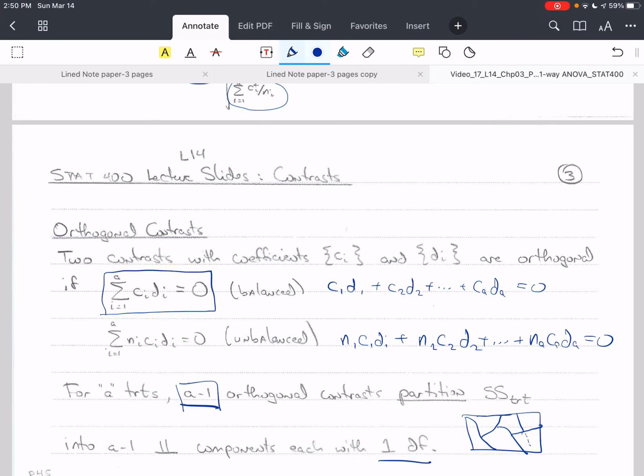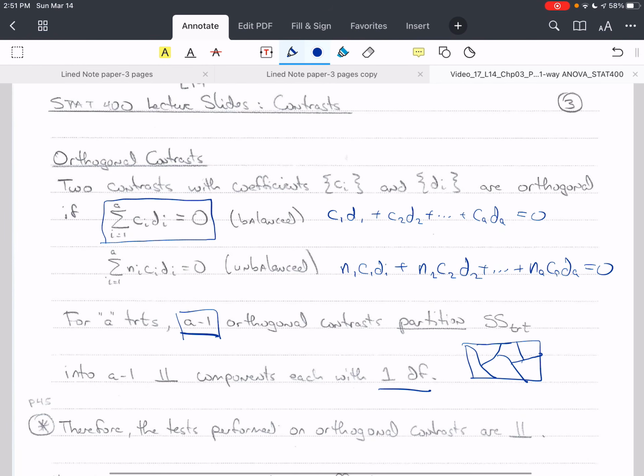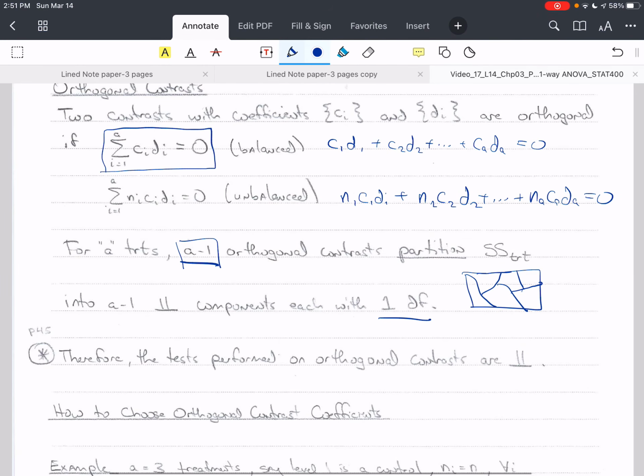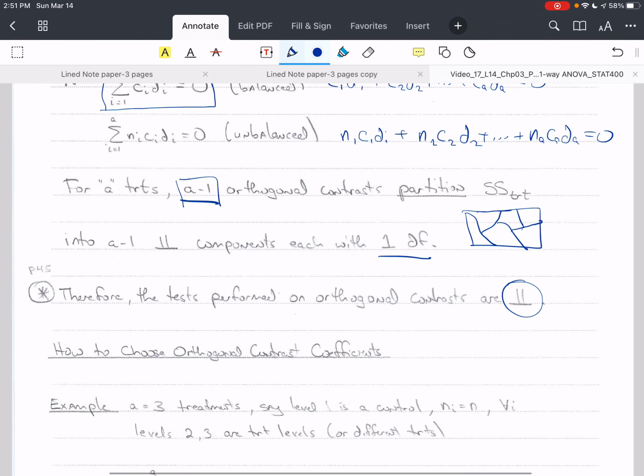Each of the portions of the partition is separate, so they do not have any overlap. They are disjoint to each other, or mutually exclusive. So when we perform tests on orthogonal contrasts, the results are independent. That is very nice, so we like to do that.